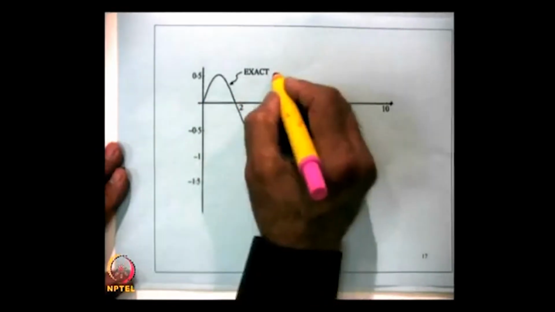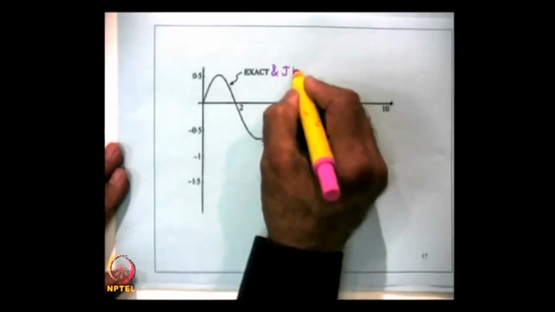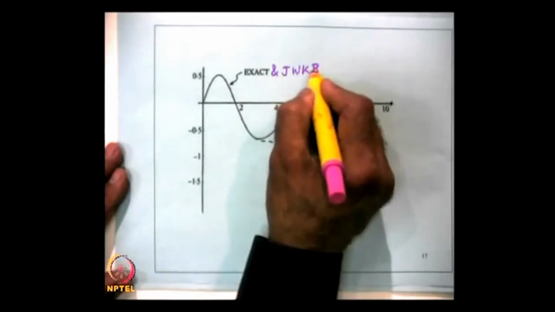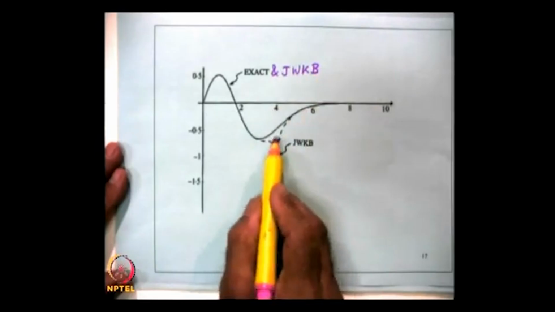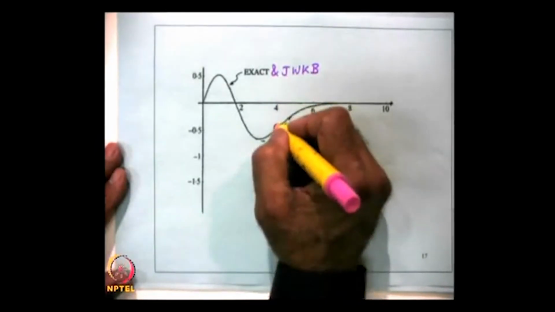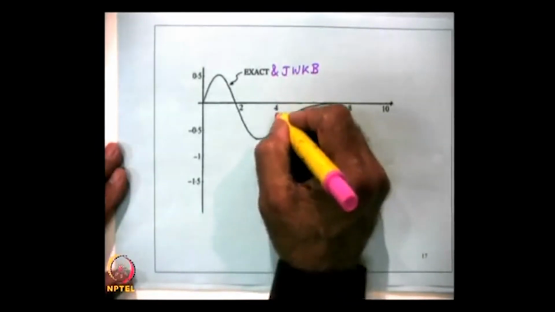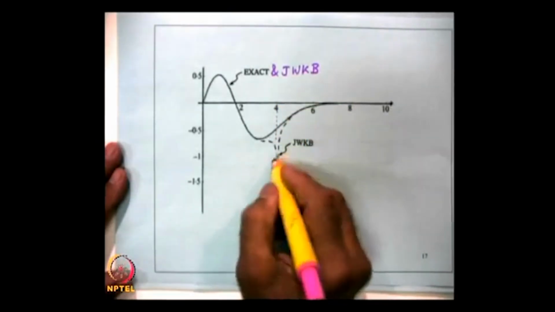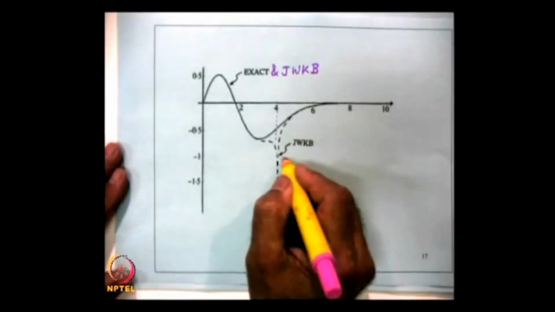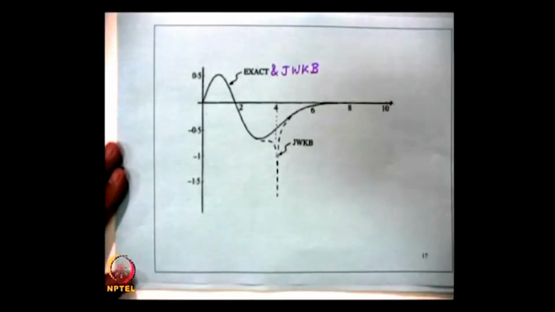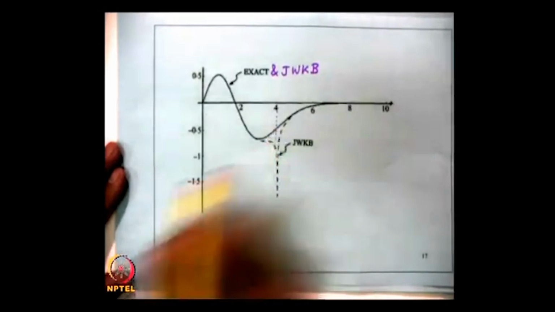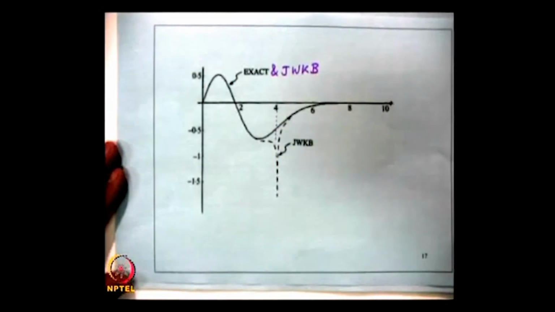So this is exact and JWKB for the linear potential. And notice this is the turning point, and at the turning point the JWKB solution becomes infinity. But other than that, far away from the turning point, the JWKB solutions are all right.